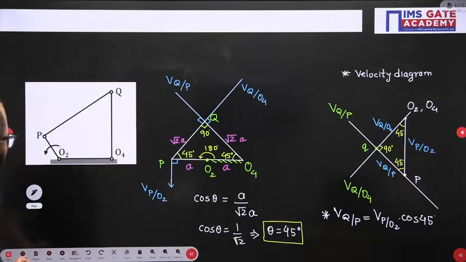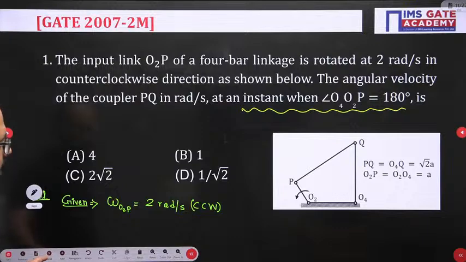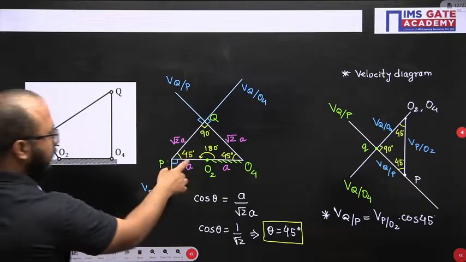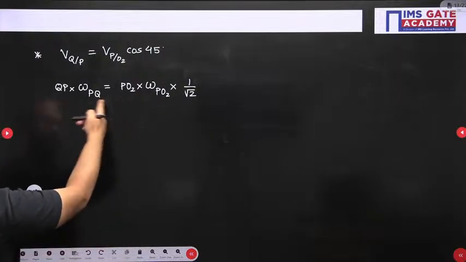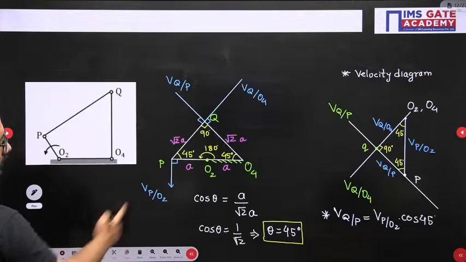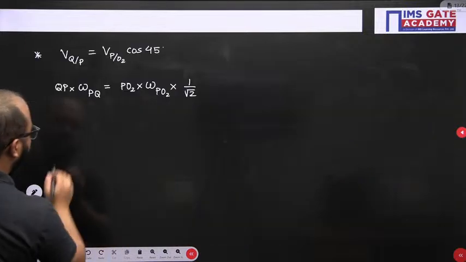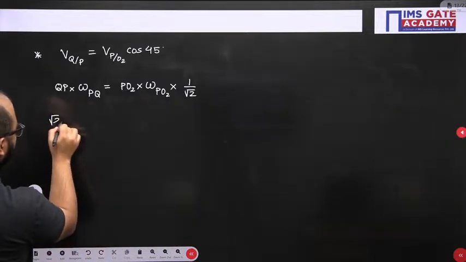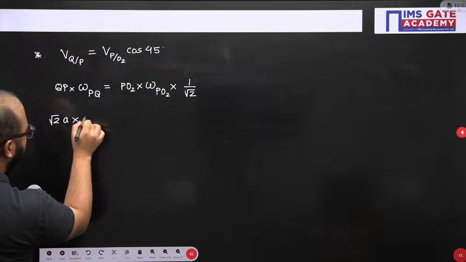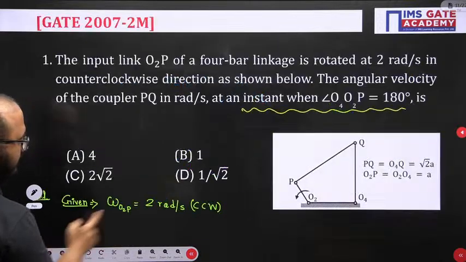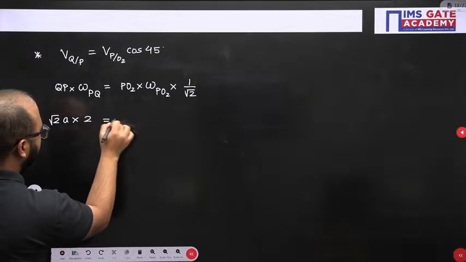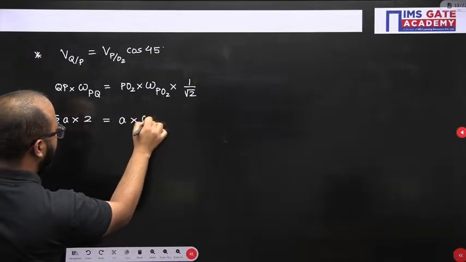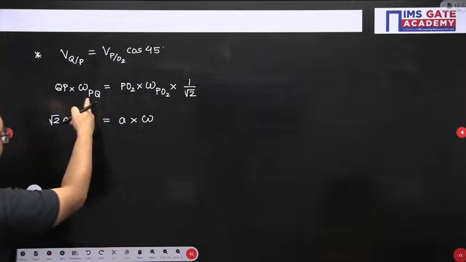Now, what are the values? O2P value is A and QP value is root 2A. This is root 2A multiplied by omega PQ. What was the angular velocity given? Sorry, not for PQ.